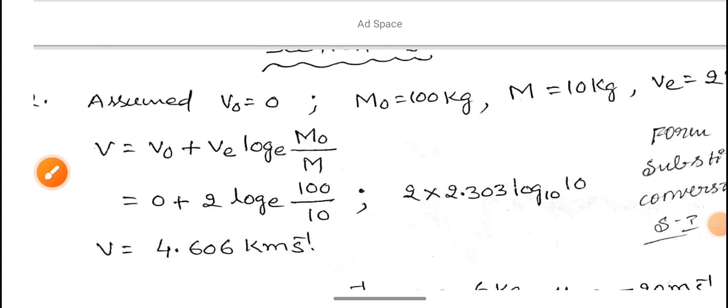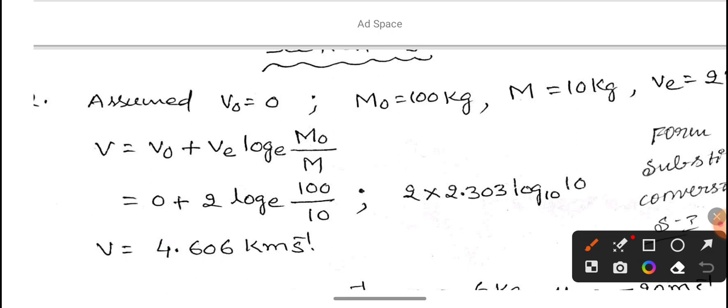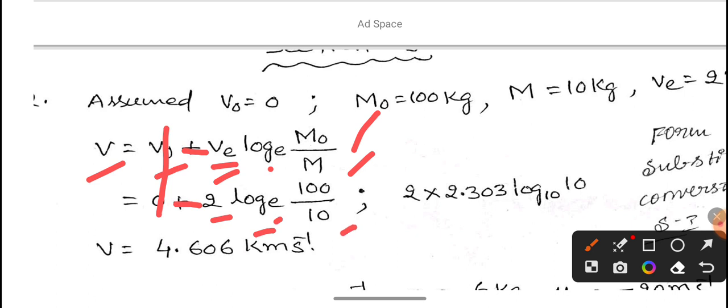the formula for final velocity is v equals initial velocity v naught plus exhaust velocity, which is negative, times log of m naught by m. So v naught is 0, and the velocity is 2 log to the base e of 10.